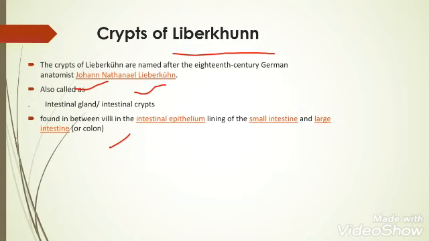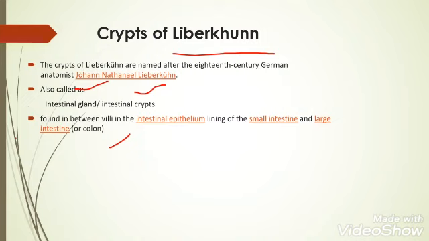Because it has multiple cells situated in it, based on the different types of cells present in the crypts of Lieberkühn, we can say that there are multiple functions. The basic function is liberation of the intestinal juice called succus entericus. In some cases antimicrobial peptides are also liberated because of the presence of Paneth cells.